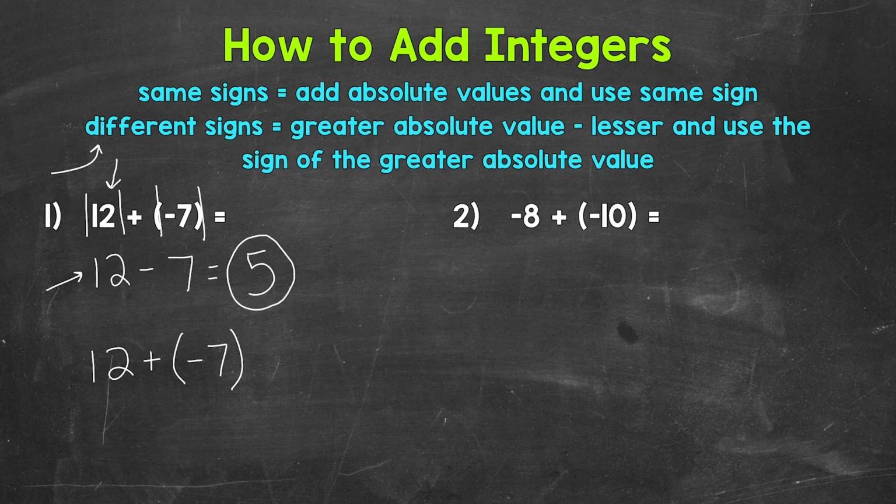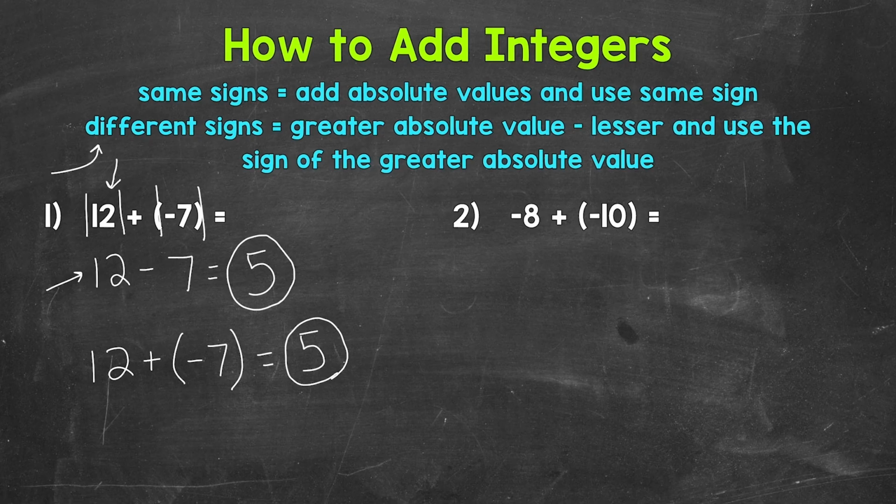By adding that -7, we are decreasing in value by 7 from that 12. We can basically think of this as 12 minus 7, or 12 take away 7. That gives us our answer of 5. So 12 plus -7, we are decreasing that 12 by a value of 7, so we get a positive 5.